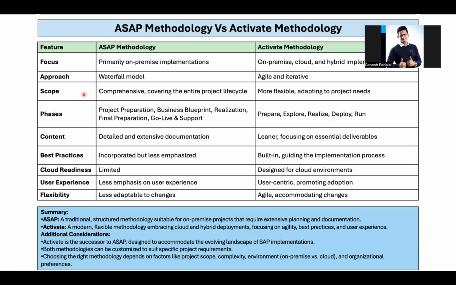What is the scope? SAP methodology is comprehensive, covering the entire project life cycle. So general SAP methodology means we plan the entire thing, from project preparation and blueprint till go live. When it comes to agile methodology, it's more flexible, adapting to project needs. So the project needs certain deliverables within 3 months, and certain things can be 6 months.